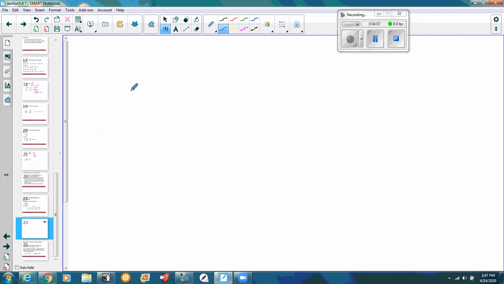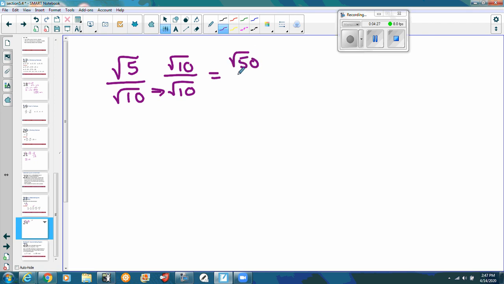Okay, so let me show you a couple more examples of that. So if I was going to rationalize, even if they both have radicals, like this, we only want to multiply by the bottom one. So we're always looking at this one. So we don't care that there's a radical on the top. That's okay. So we would multiply by radical 10 over radical 10, get radical 50 over 10, have to simplify the radical 50.